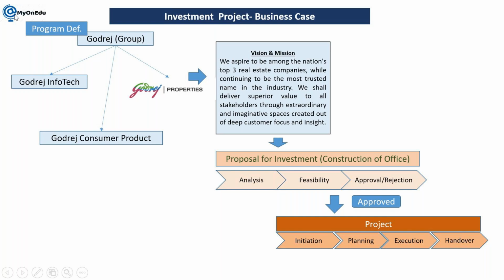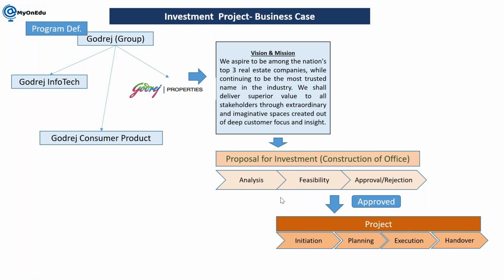This particular part comes under the PPM, portfolio and project management. Proposal for investment also comes under the PPM, but we can manage it in investment management, IM, also. So once it is approved, then we can transfer this project to execute.